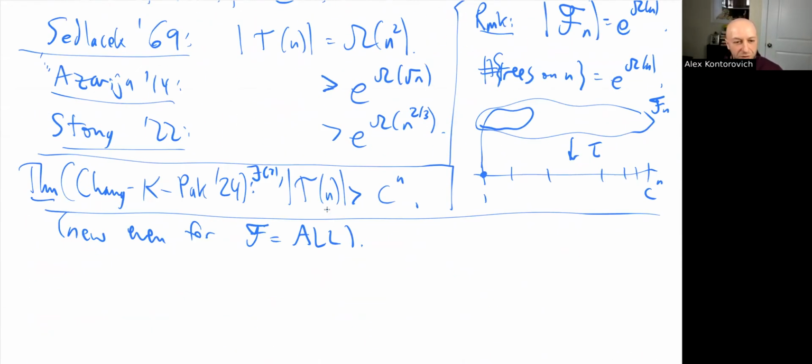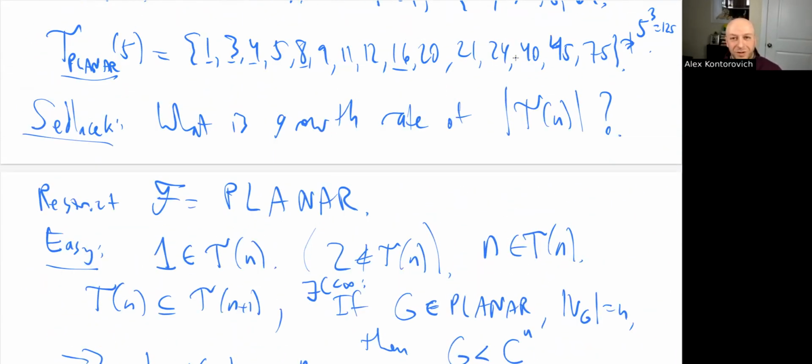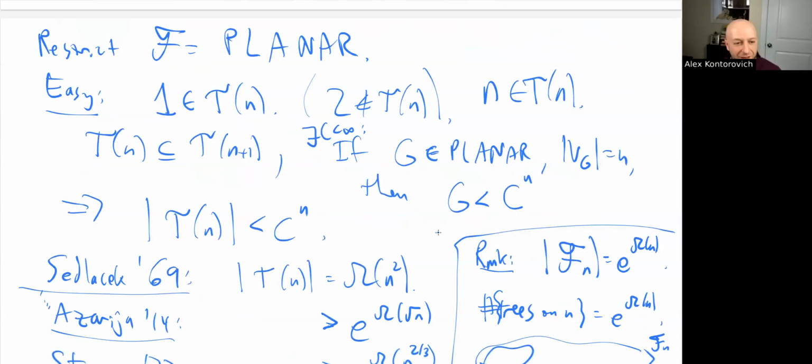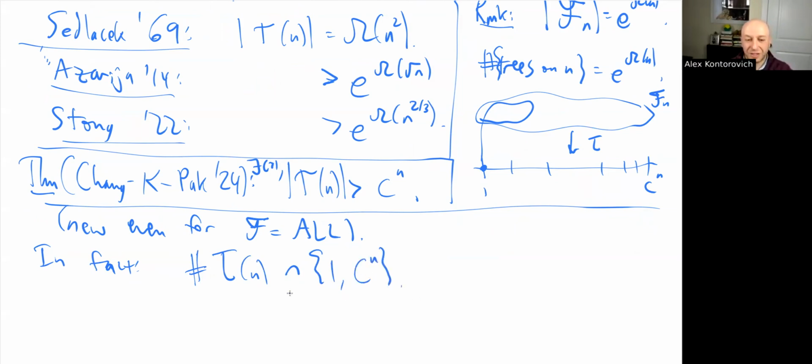Anyway, so this is the problem. We want to understand what happens to these numbers, and in fact, we show much more. So, in fact, this constant, if you look at how many distinct values there are of Tn among the first exponentially many, this is a positive proportion.